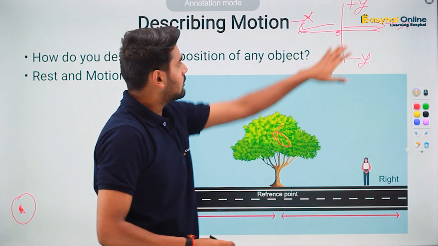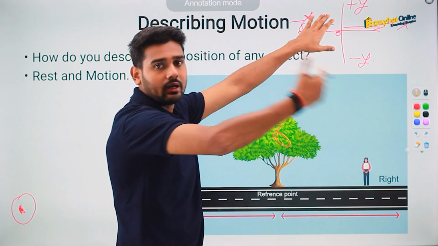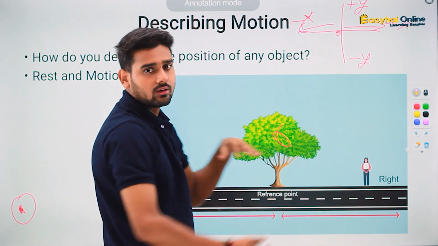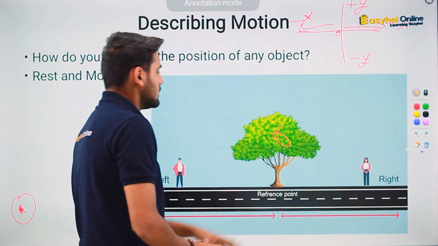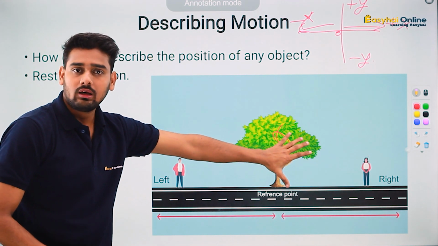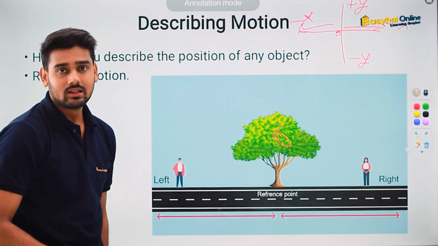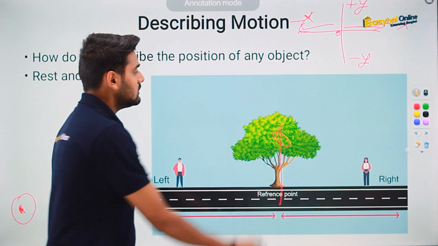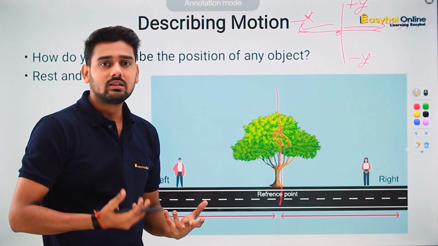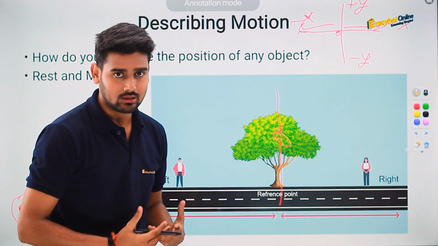According to the origin, if you go to the right, that's positive, left negative, up positive, down negative. So if this tree is my reference point, I can simply say that the tree is now the origin, and from this origin, if I define some units, let's say I'm using the units of meters.